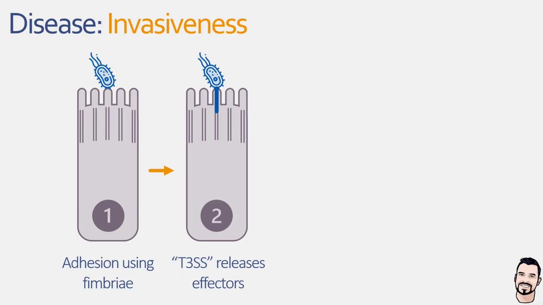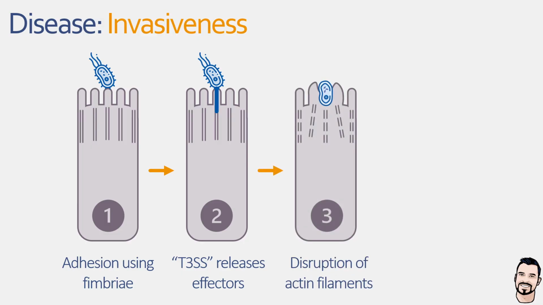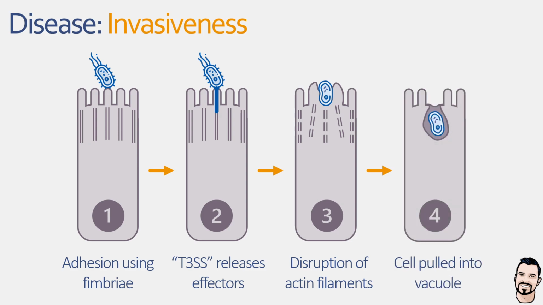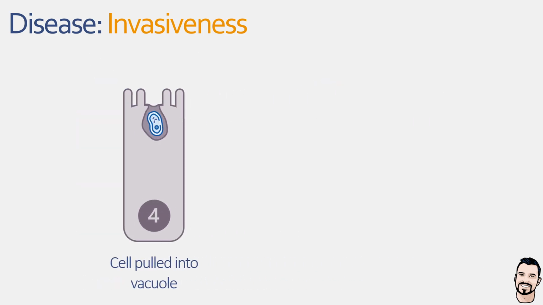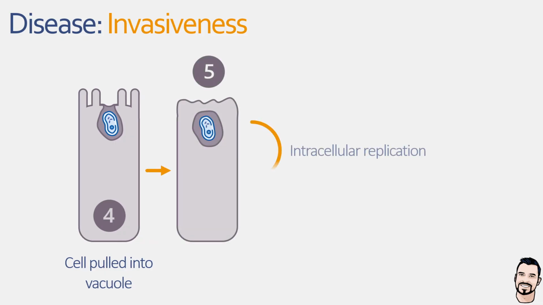Instead, they manipulate host cell signaling pathways and disrupt actin filaments within the cytoskeleton. This leads to ruffling of the cell membrane, causing it to fold around the bacterial cell as it's pulled into a vacuole within the cytoplasm. Now at this point, the cell is hidden from the immune system and it can undergo cellular replication within the host cell with little to no consequences.